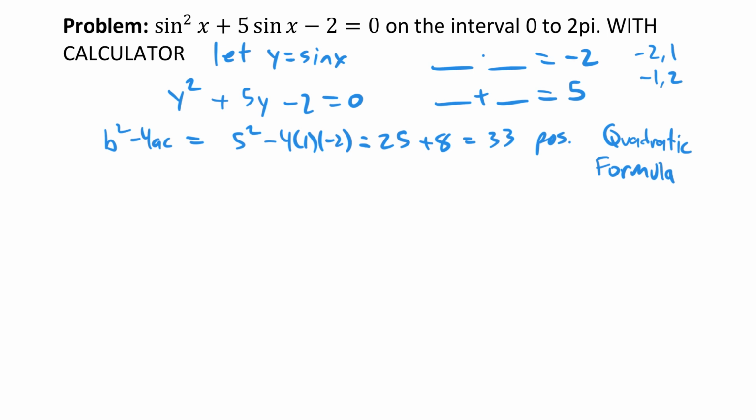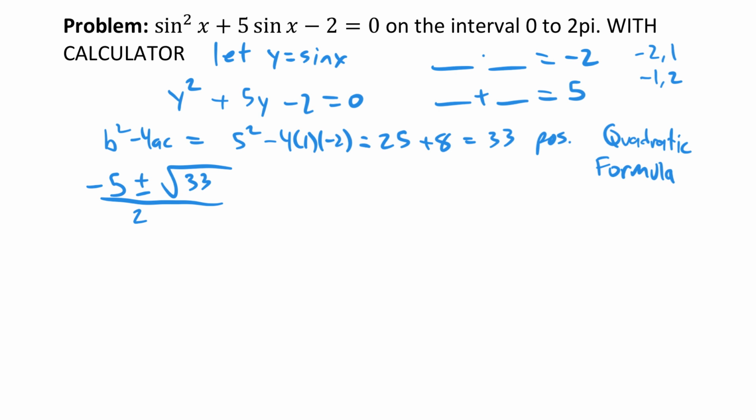So now our step with algebra has gotten even more complicated. We have to take this quadratic and we have to apply the quadratic formula to it before we can even do any trig stuff. So again, I'd encourage you to pause the video, try to use the quadratic formula and see what you come up with for the two answers. All right, here we go. Minus b, so minus 5, plus or minus the square root of, well, we know the discriminant already, it's 33, all over 2 times 1, which is 2.